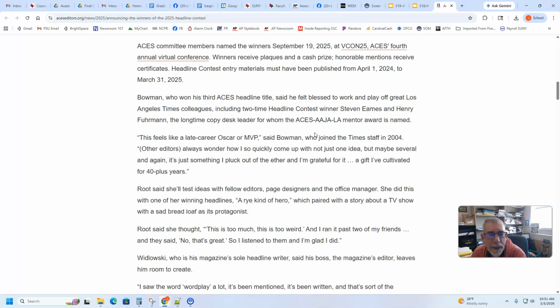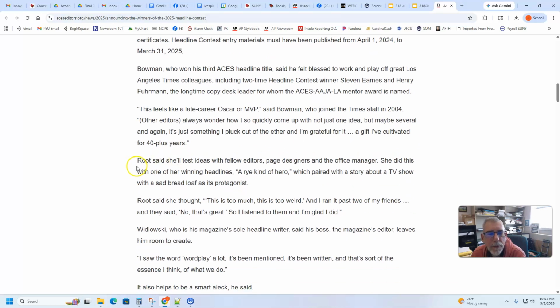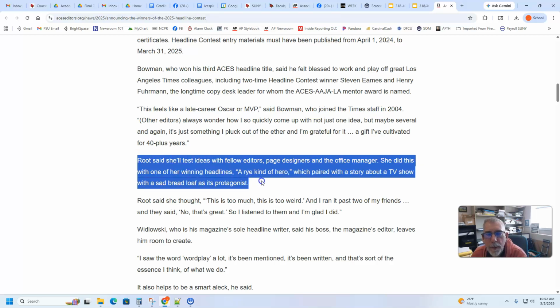I did like that this headline writer, one of the winners, writes that she tests ideas with fellow editors, page designers, and the office manager. She did this with one of her winning headlines, a wry kind of hero. A wry kind of hero. So rye bread, but wry actually has another meaning also, depending upon personality.